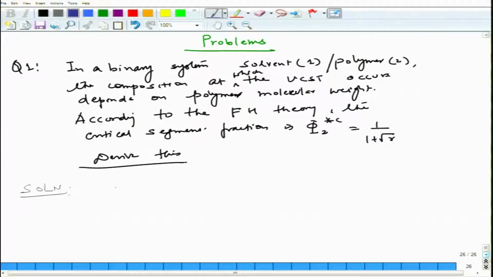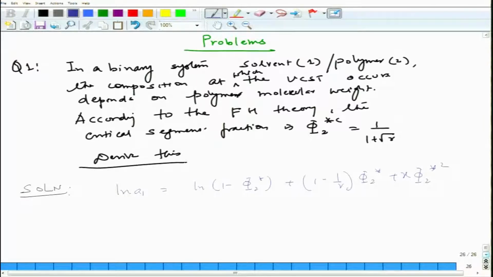So, let me write the expression of activity based on the Flory-Huggins theory. This question is from the textbook.